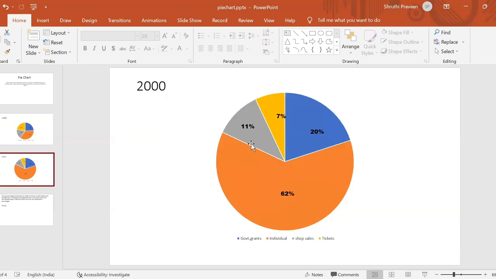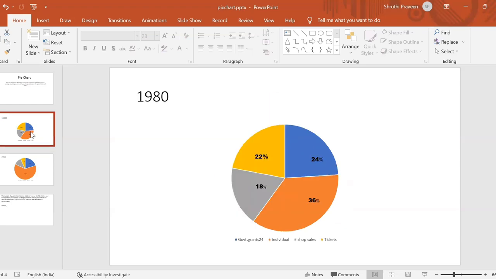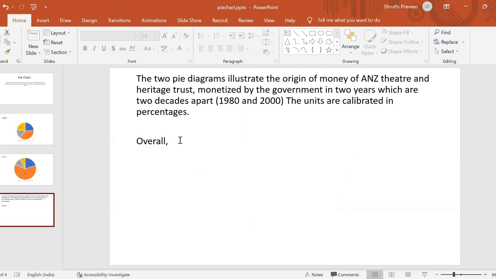So I think I'll pick up the income from individuals, which has increased, and the tickets, which has reduced. Okay, so that is going to be my overview. Let me see.